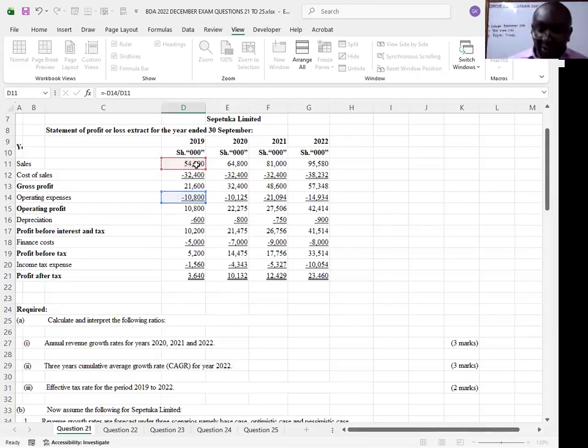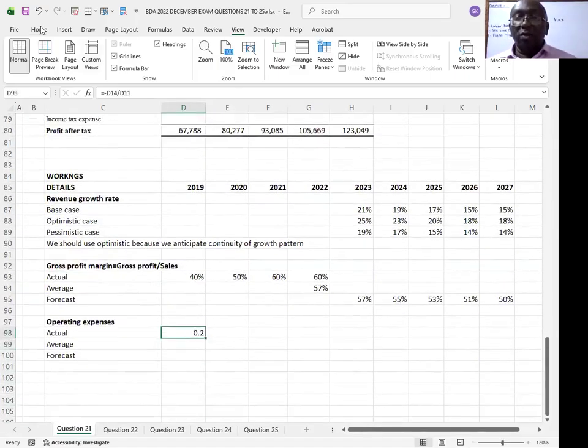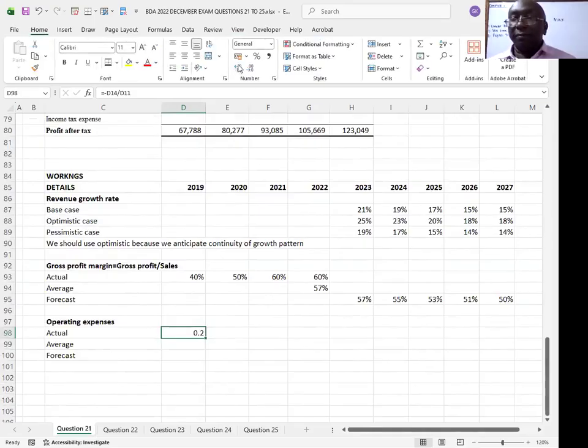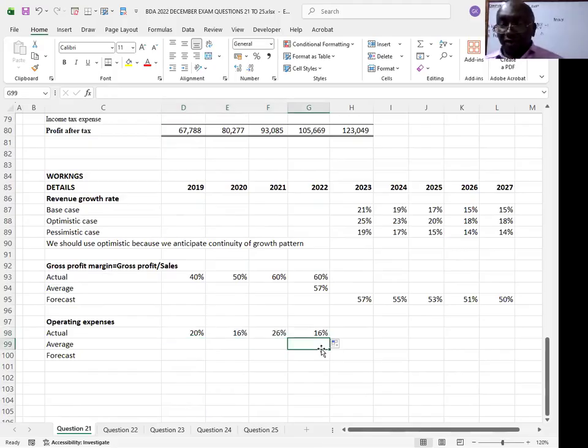I can see we are getting 20. Sasa hii 20, you autofill. Yeah, let's autofill mpaka hapa kwa 2022 hapo. Then let's teremuka hapa and get the average by saying equals average.